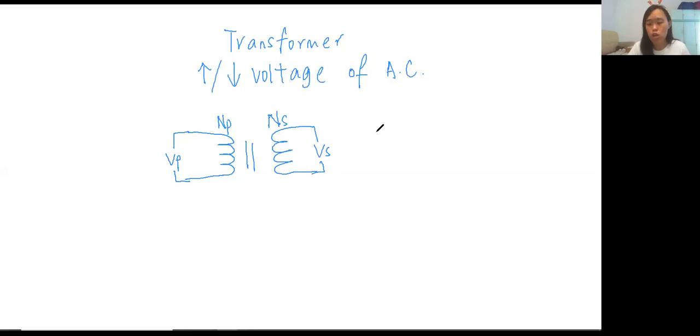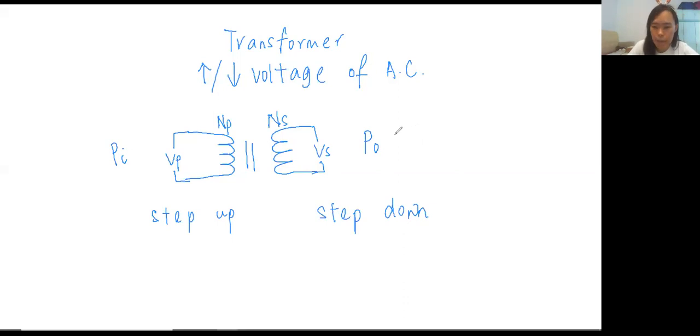We have two types of transformer: one is the step up transformer, one is the step down transformer. By the way, in a transformer, the input power and the output power will be the same. The difference is in the voltage and the number of turns in the coil.